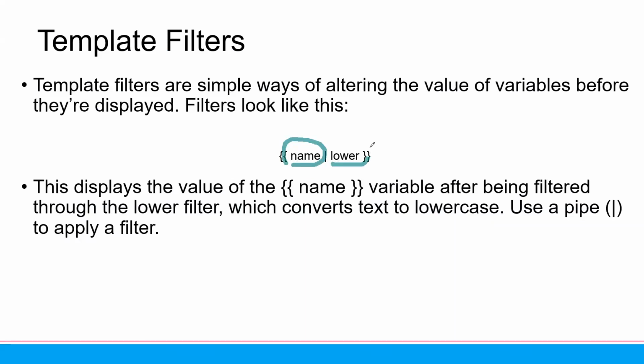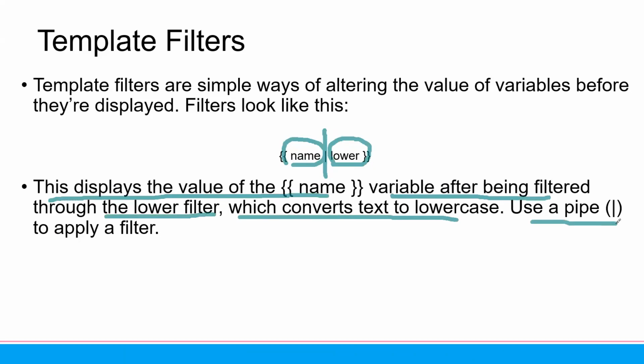So this kind of function can be done using a filter, and it is separated by this vertical line. This displays the value of the name variable after being filtered through the lower filter, which converts the text to lowercase.